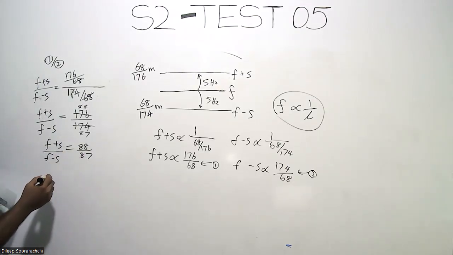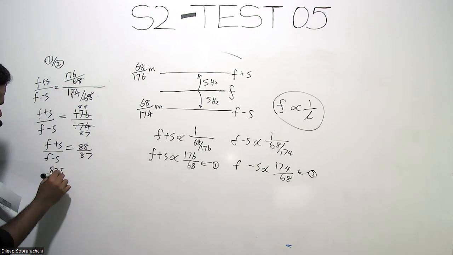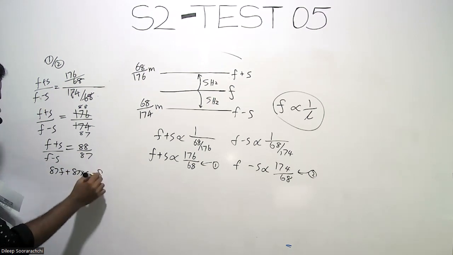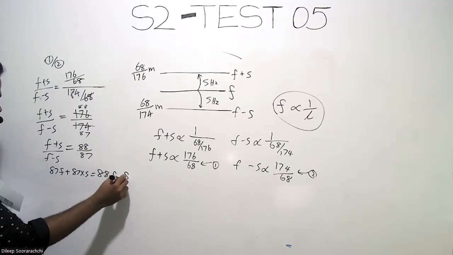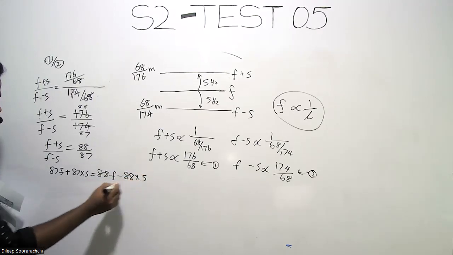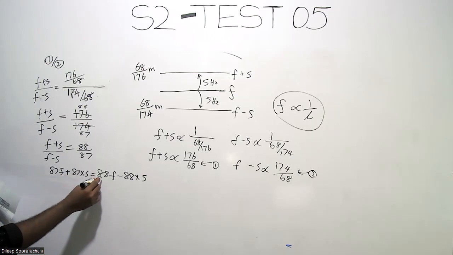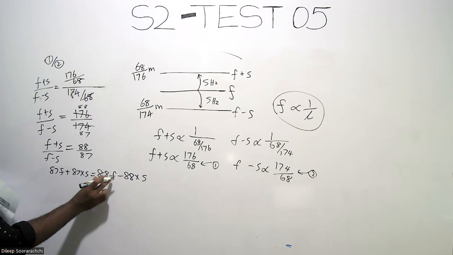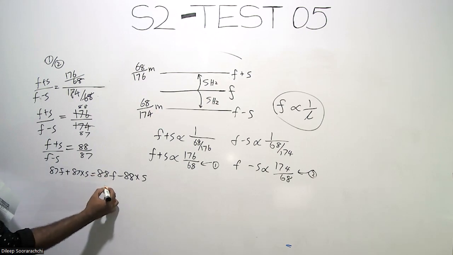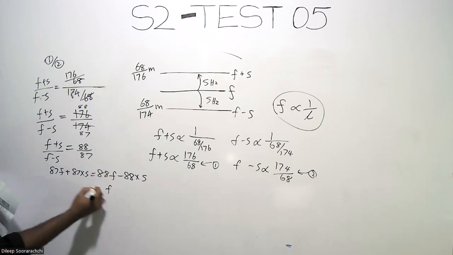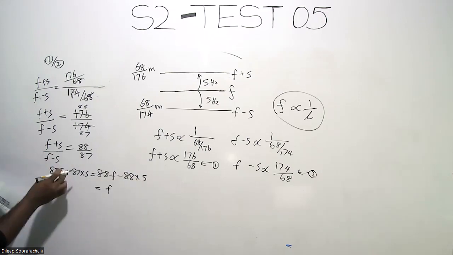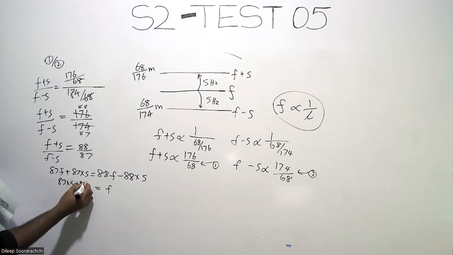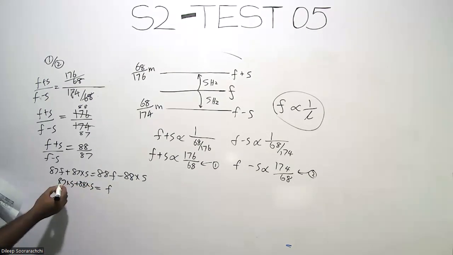Then cross multiply. 87 F plus 87 times 5 equals 88 F minus 88 times 5. So you can subtract this if you bring it to here. So this becomes F. Then you can take this to the other side: 87 times 5 plus 88 times 5. Take 5 out.